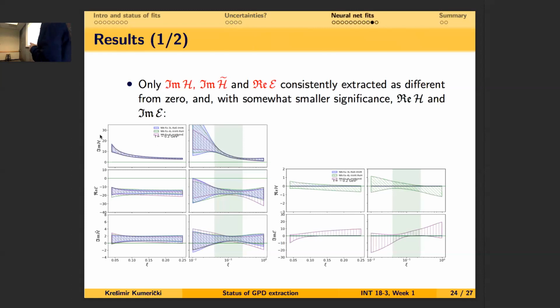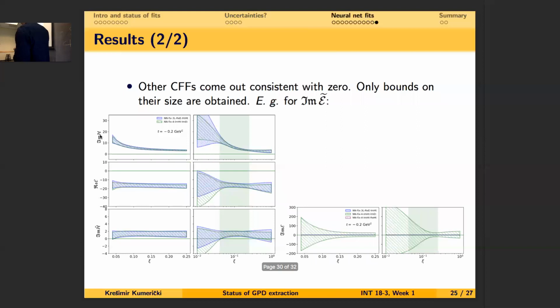So these three are really consistently extracted. This is like the first plots of the compound form factors which I believe have really realistic error bars.